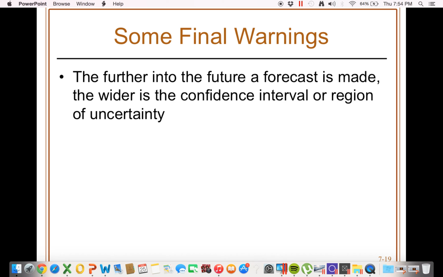Same thing with economic forecasting, which is really bad, to be honest with you. If you try to predict what's going to happen 5 years from now, there will be more accuracy predicting a year from now. That makes sense, right? There are a lot of variables you don't know about 5 years out. So keep that in mind.